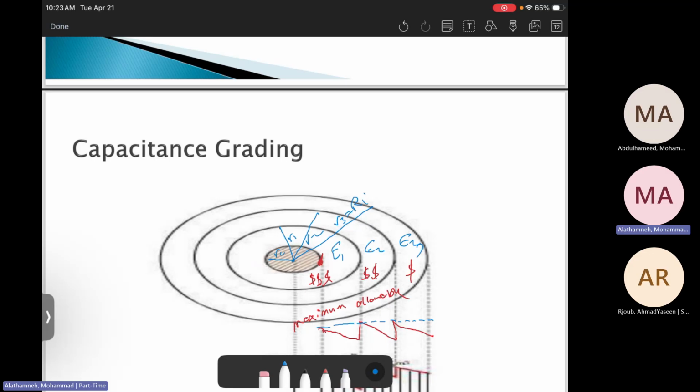So when we look at it, in order to calculate the capacitance for each part, keep in mind for area 1, area 2, area 3: when we calculate for area 1, it is bounded between RC and R1. Area 2 is bounded between R1 and R2. And area 3 is bounded between R2 and R, which is the radius of the whole cable.